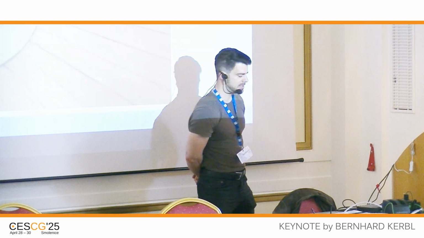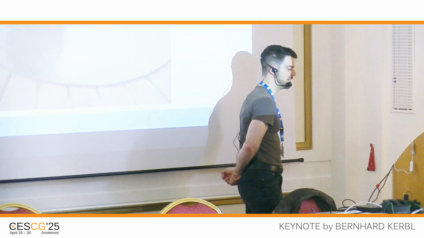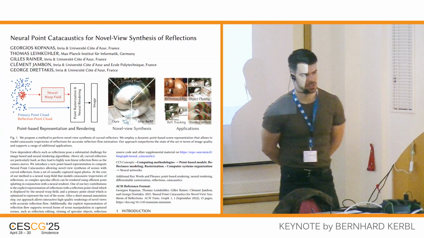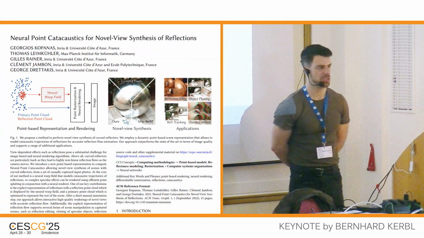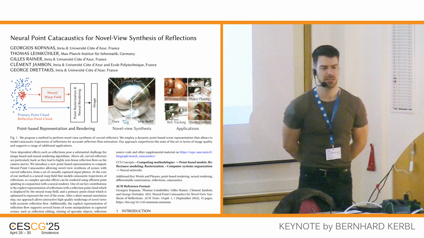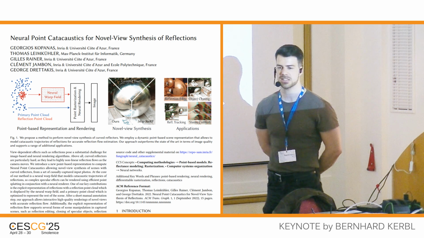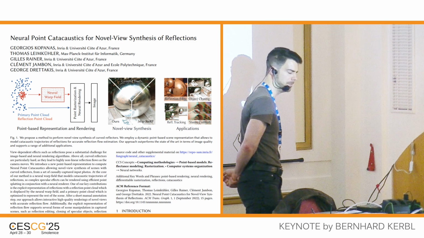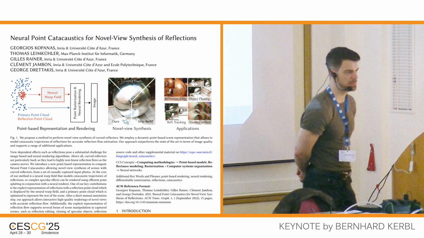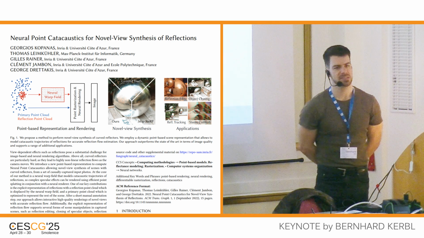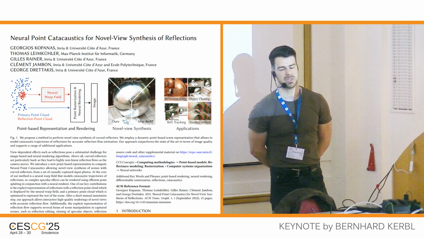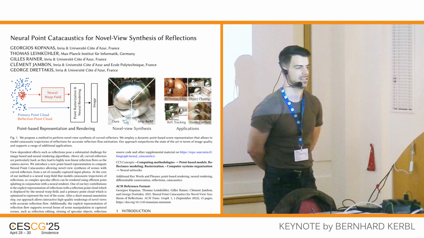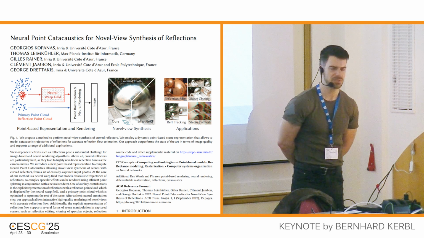There's an additional paper by Georgios Kopanas where he specifically looked at highly reflective objects, and he had a very tailor-made approach for scenes where it is known that there are highly reflective objects, coming up with a special solution for them and optimizing, I believe, two neural networks, one for representing the standard scene and another one for the reflective objects themselves.